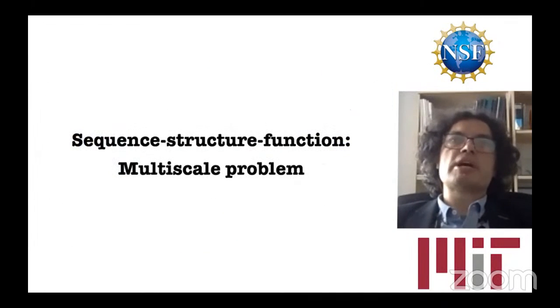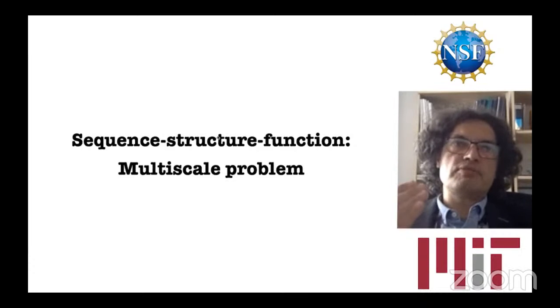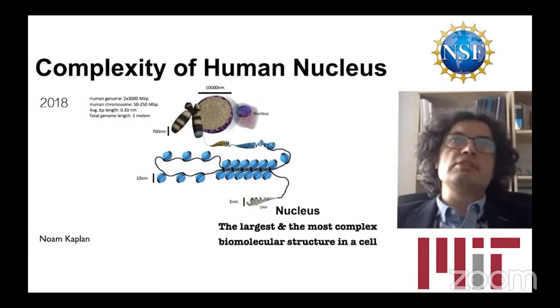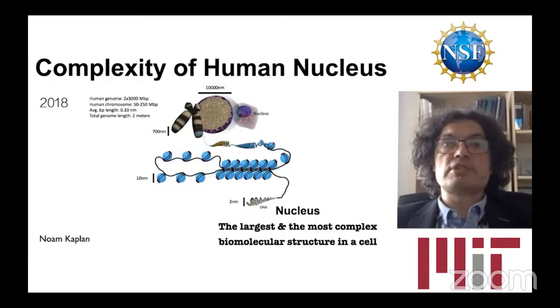Coming back to the original question, we have sequence, we have structure, and we have function. The relation between sequence, structure, and function in the case of chromatin is definitely a multi-scale problem, and it reflects the complexity of the human genome. We start with the double helix, 2 nanometers in size.